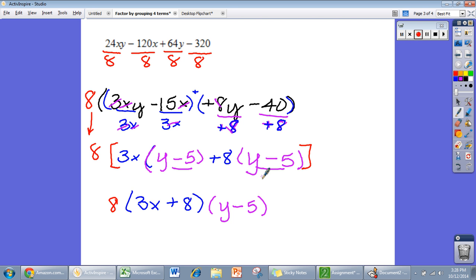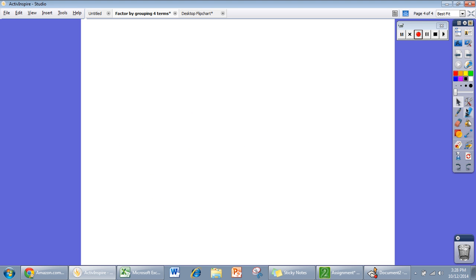So now if you're wondering how is it that we can make sure that we have the correct answer, let me go to a clean page. And let's write down what my answer was from that last problem. It was 8 times 3x plus 8 times y minus 5.